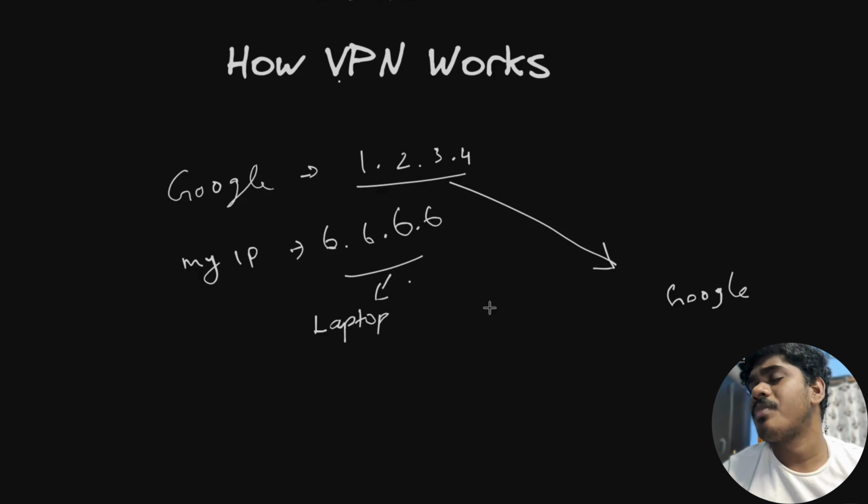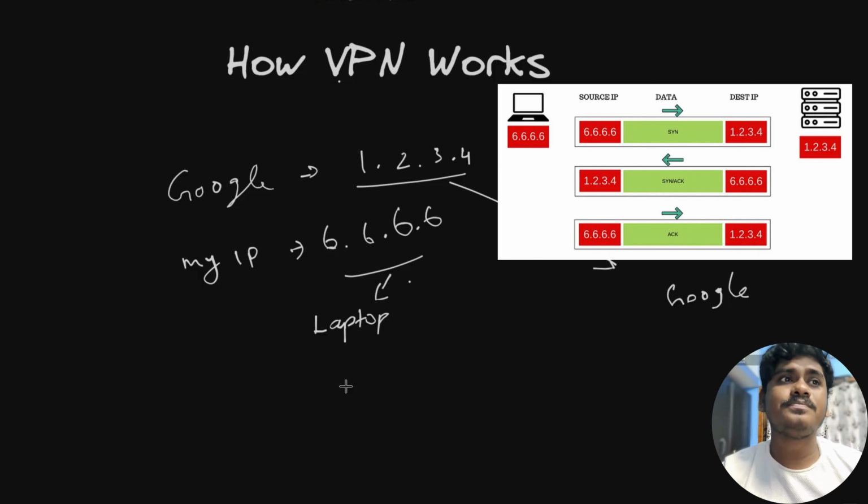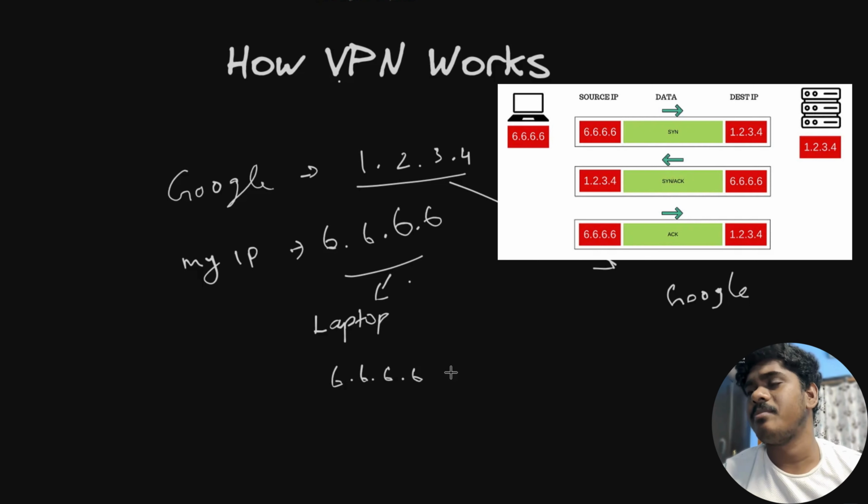So without a VPN, you have your IP 6.6.6.6, and there is a SYN connection that directly communicates with and hits 1.2.3.4.